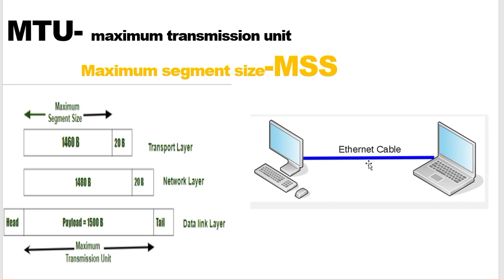So for this reason, in every TCP communication, the client and server need to agree on the MSS size before sending the data, when they perform the TCP three-way handshake. So that's why it's very important to understand the role of MSS.